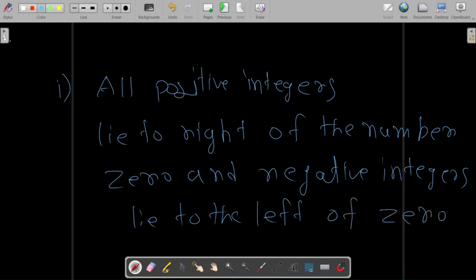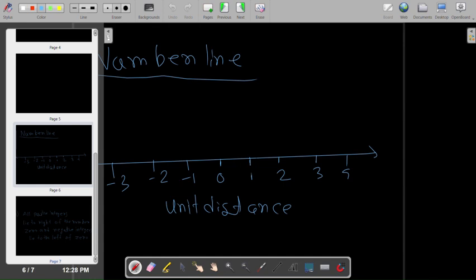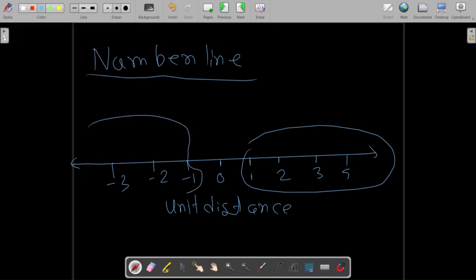So if we see the number line, we can clearly see all the positive numbers 1, 2, 3, 4 lie to the right of 0, and all the negative numbers lie to the left of 0. No positive numbers are present to the left of 0, and no negative numbers are present to the right of 0.